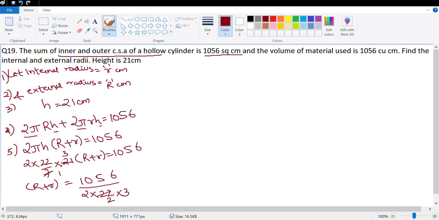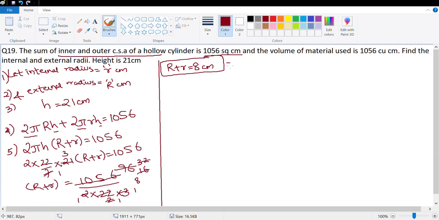That's 11 into 2, 11 into 9, 99, that's 66, so that's 11 into 6. 3 into 1, 3 into 2, 2 into 16, 2 into 8. So we've been able to calculate from the first information given, R plus r is equal to 8 centimeter. Let's call it equation number 1.